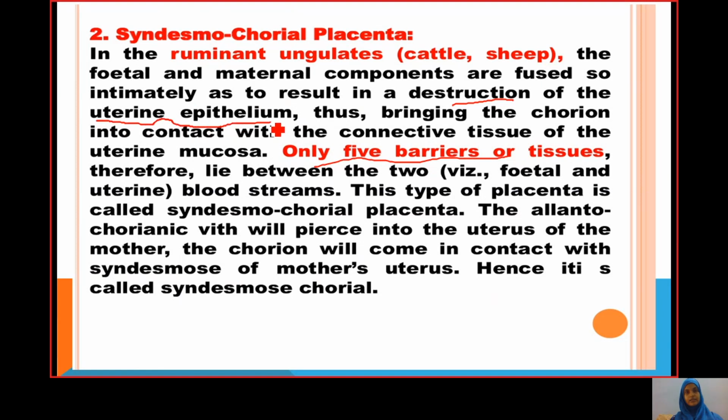The mother's epithelium is damaged, so that only 5 barriers are present in this placenta. Therefore, it lies between the 2 blood streams. This type of placenta we call the syndesmochorial placenta.